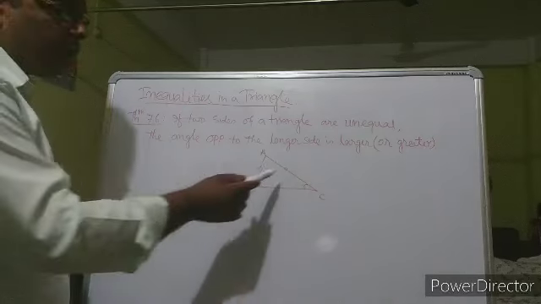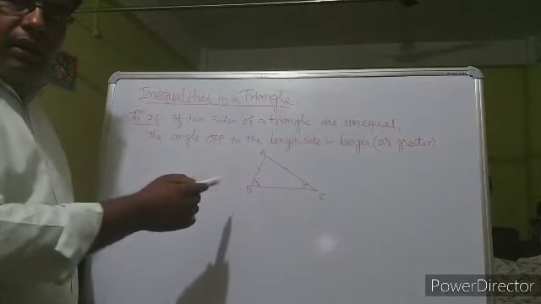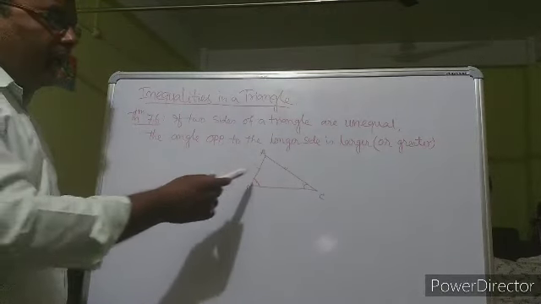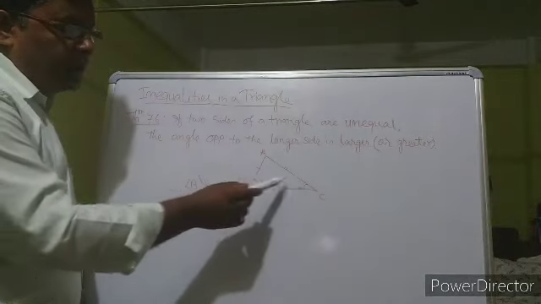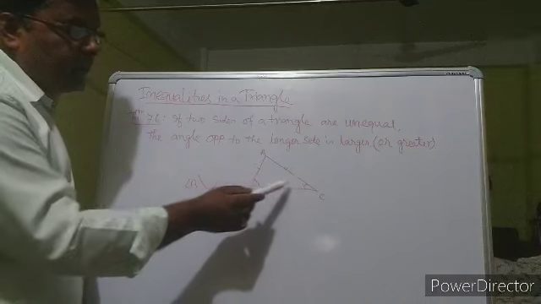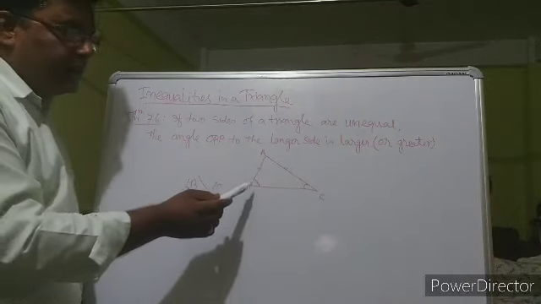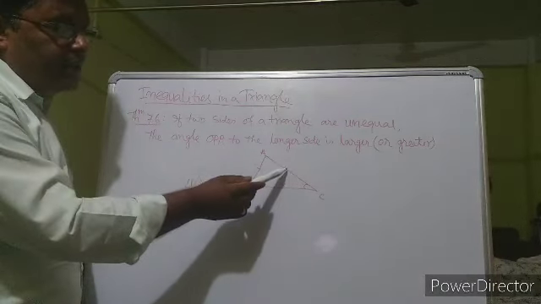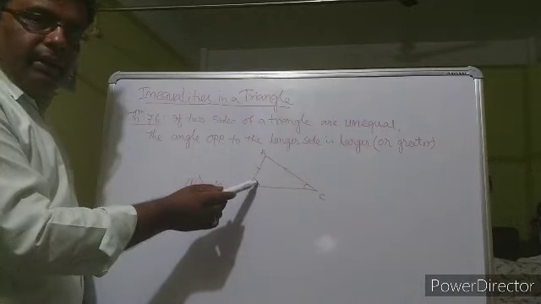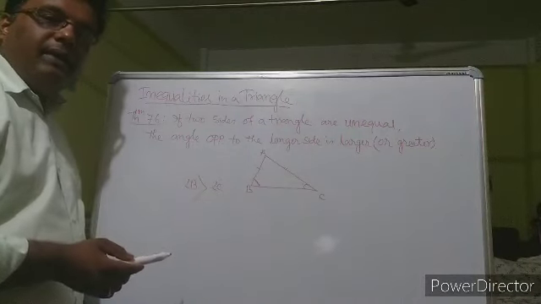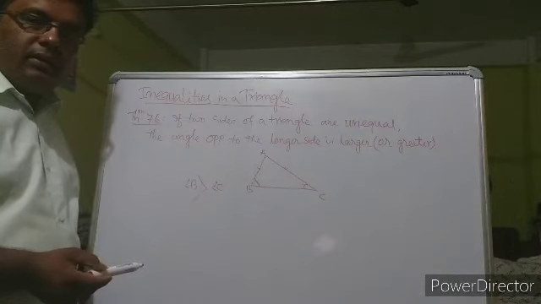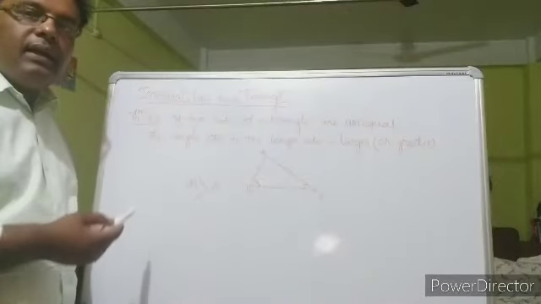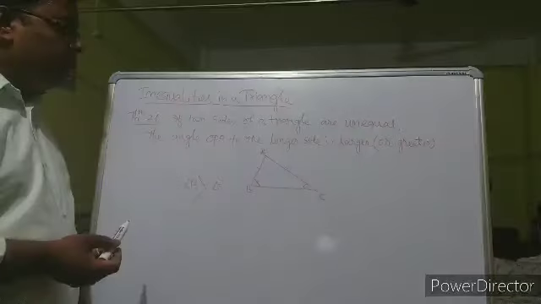Here the sides are unequal, but if the angles are also unequal, that is, if angle B is greater than angle C, then the side opposite to the larger angle is longer than the side opposite to the smaller angle. So this is theorem 7.7.